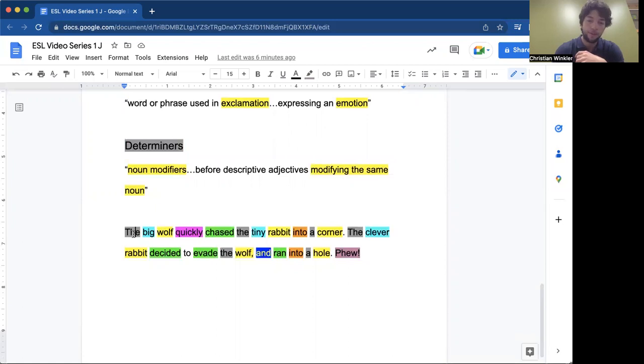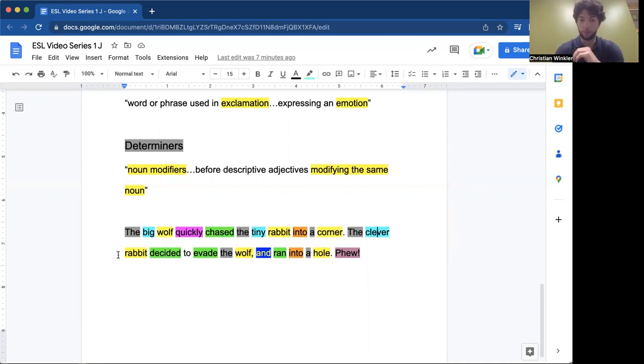Now, everything in gray here is a determiner. Most of it is either the or a. And then we have our adjectives here in teal: big, tiny, clever. Notice that all of these adjectives come right before the nouns, wolf and rabbit. Well, corner doesn't have an adjective, but we could give it one if we wanted to.